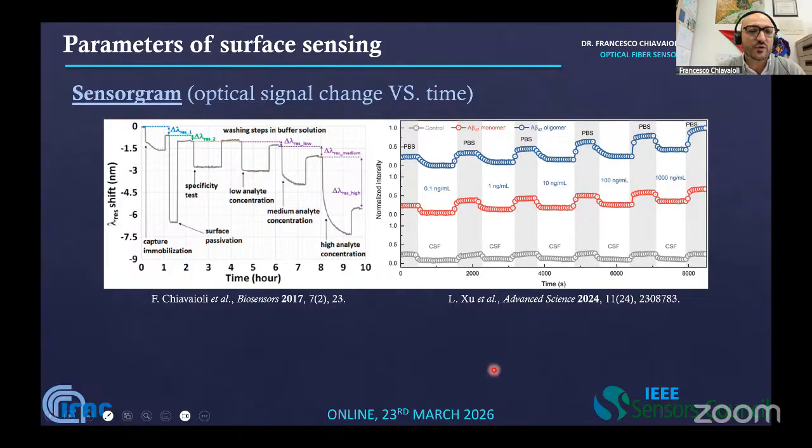Here I just reported some examples of the sensorgram. Specifically, in this illustrative example, I report the case of the binding interaction between a bioreceptor and a target analyte, where there is the interaction part, under the name of association, and then when we wash to retrieve the information of the signal, we have the dissociation.